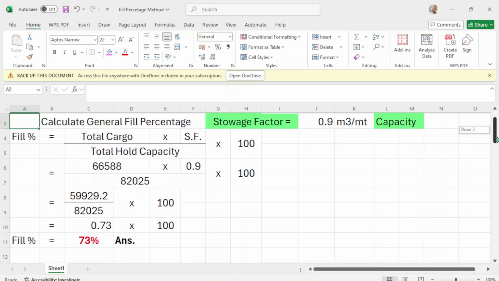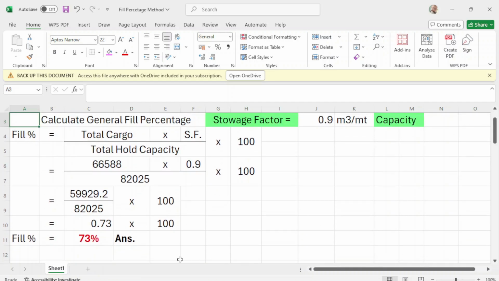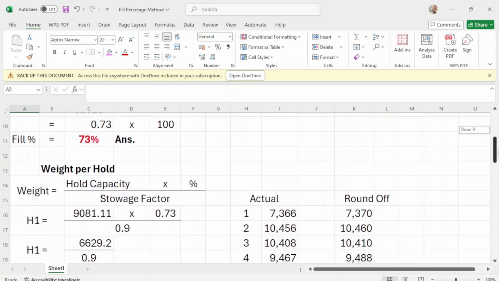So the answer would be 0.73. Multiplied by 100, that will be 73%. This is the fill percentage, the answer, 73%.